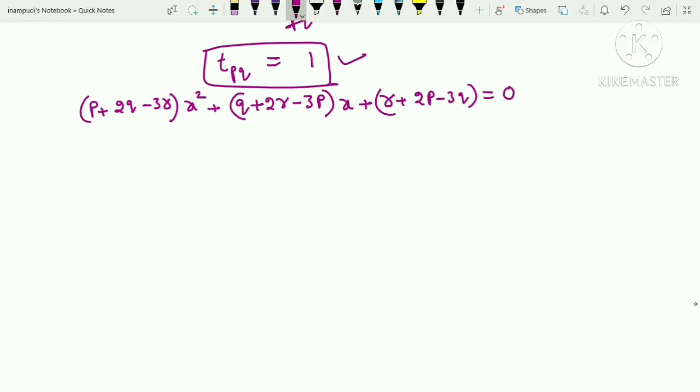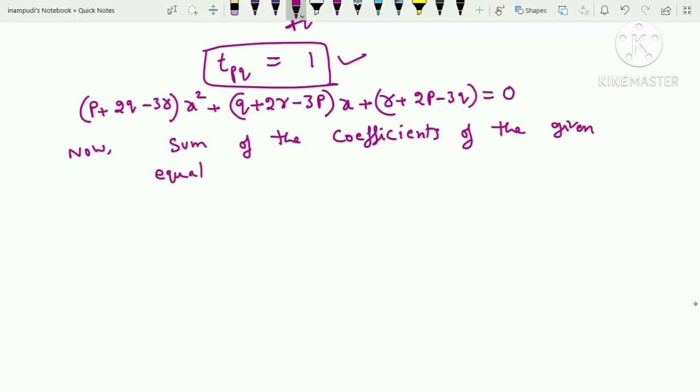We observe the sum of the coefficients of the given equation. What are the coefficients in this equation?